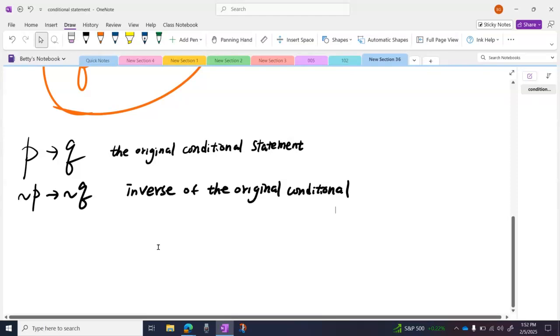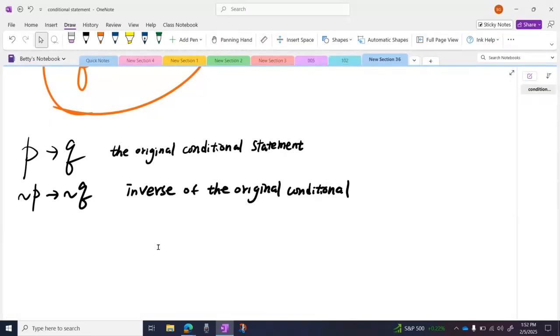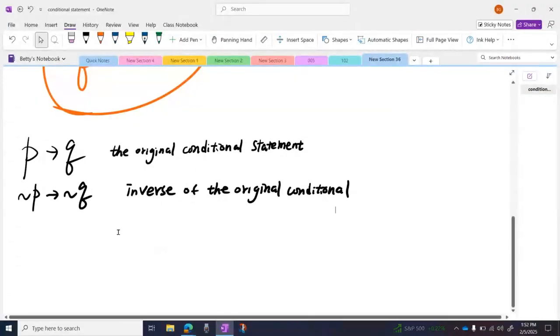It's just a definition. It's just like someone telling you my name is Jerry, right? So now I'm telling you this guy is called the inverse of the original given conditional statement. And both pieces, both antecedent and consequent, are negated.